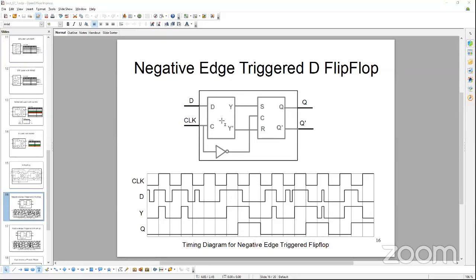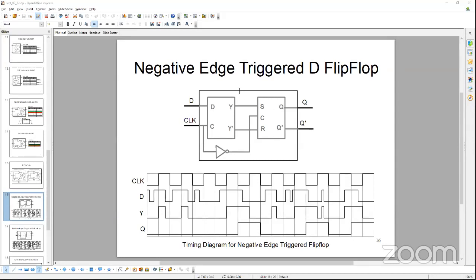See, the Y logic is feeding the SR latch with the inverted control. Clock is inverted, that means this SR latch will register or store the incoming value from Y during the negative logic of the clock.